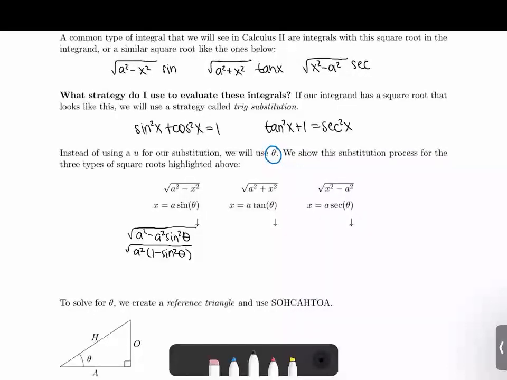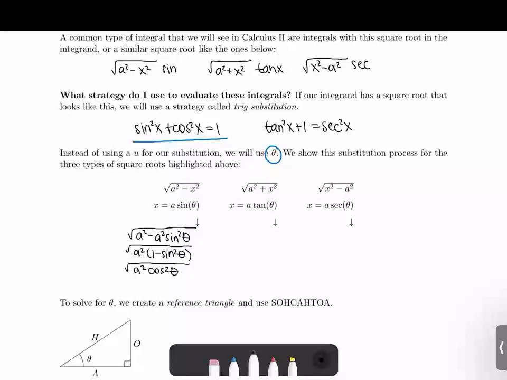And then we're going to go back up to remember these Pythagorean identities. So if we have this equation, sine squared plus cosine squared is 1, subtracting sine squared from both sides tells us that 1 minus sine squared is equal to cosine squared. So we have the square root of a squared times cosine squared.